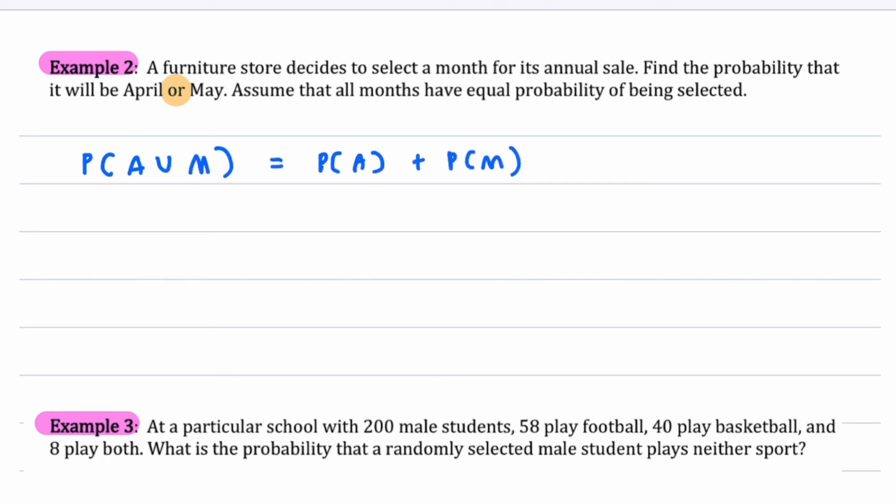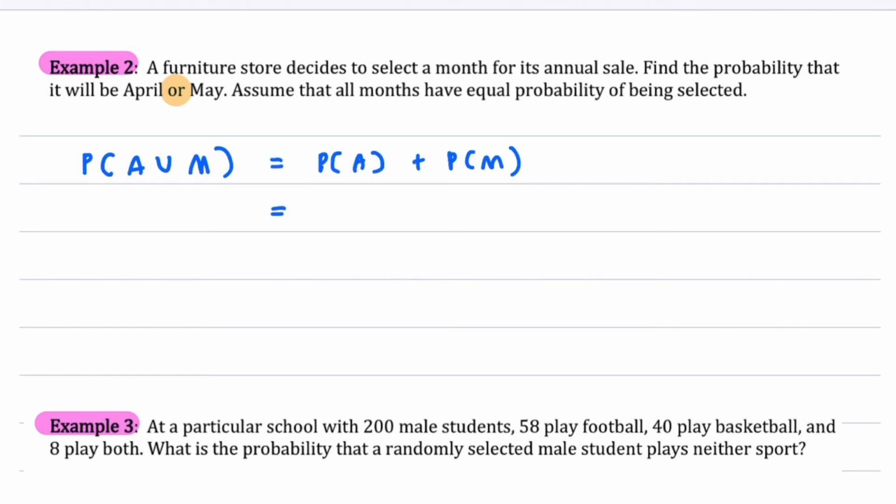Do you have the intersection event between April and May? Intersection means you want to pick exactly 1 month. Is there a possibility that the month you take is both April and May at the same time? No, right? You cannot have 2 months at the same time. You pick 1 month only at one time. So you don't have any intersection event between April and May. So this is actually an example of mutually exclusive events.